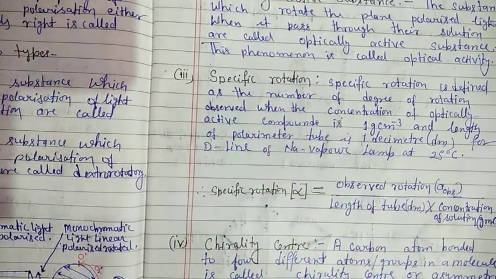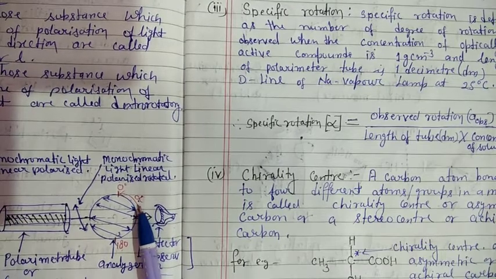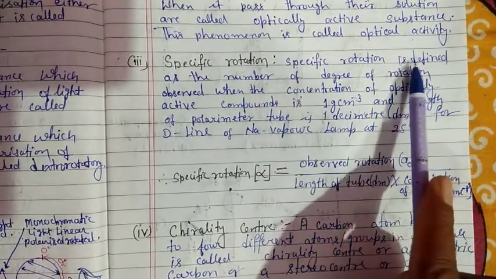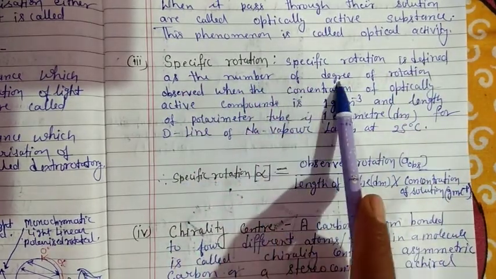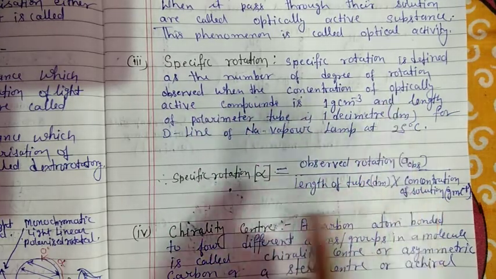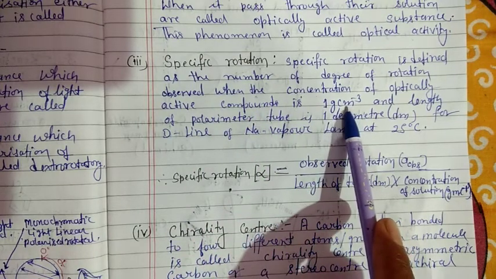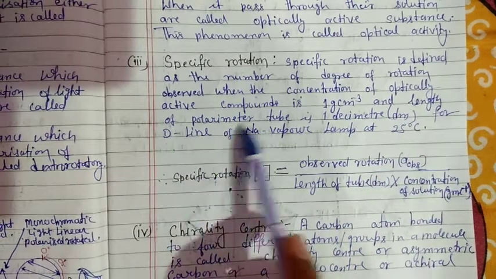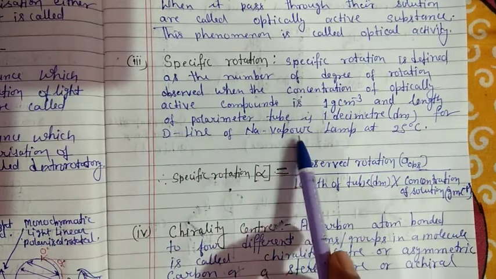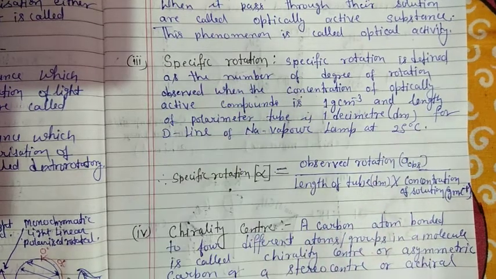The angle of rotation, alpha, is called specific rotation. Specific rotation is defined as the number of degrees of rotation observed when the concentration of the optically active compound is 1 gram per cubic centimeter and the length of the polarimeter tube is 1 decimeter, for the D line of a sodium vapor lamp at 25 degrees Celsius.